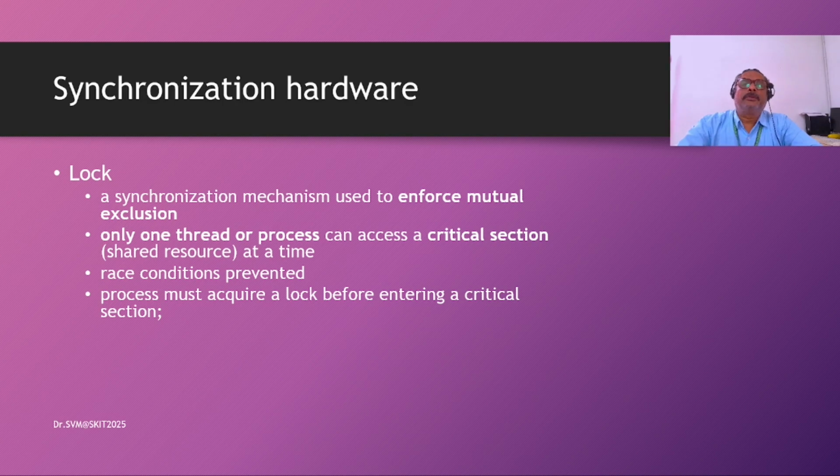So what we do is announce that we want the lock. If I get the lock, then I use the critical section, and once I have used it, I unlock it. But who will give me the lock? The hardware. The hardware has a provision for this, which we call a lock.